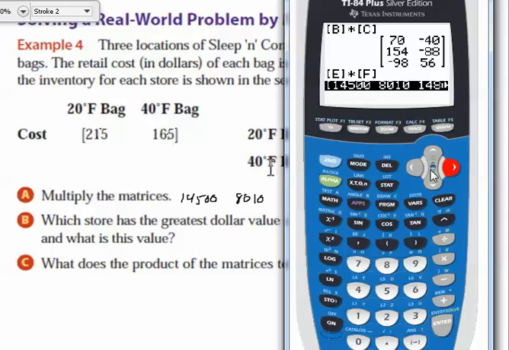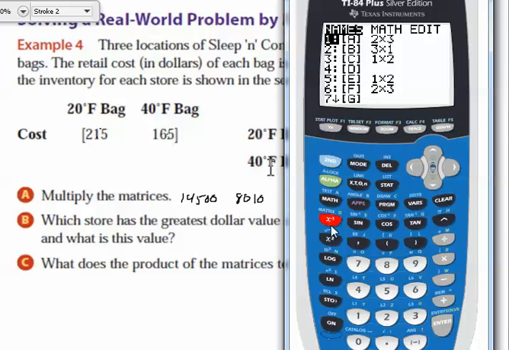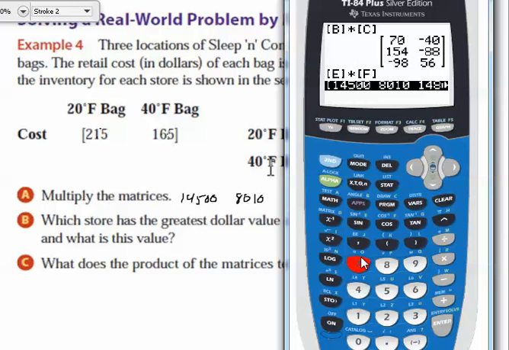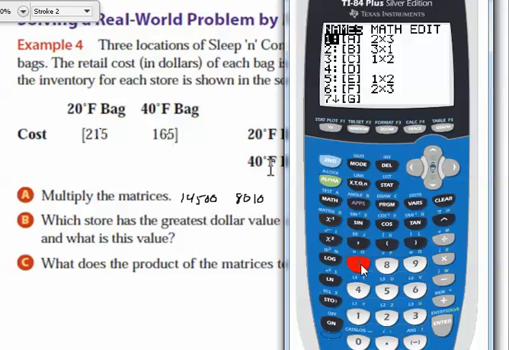And it's not showing it to me there, so what I'm going to do is be a little bit different. Second matrix, second matrix, and I'm going to come down here to G. Okay, calculator's not cooperating with me.